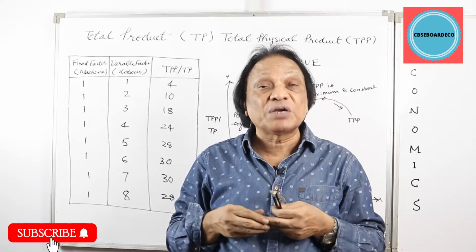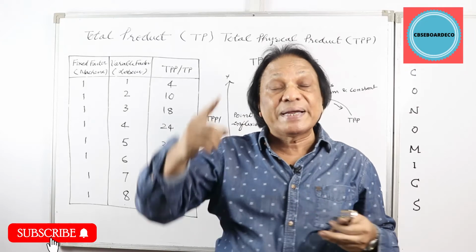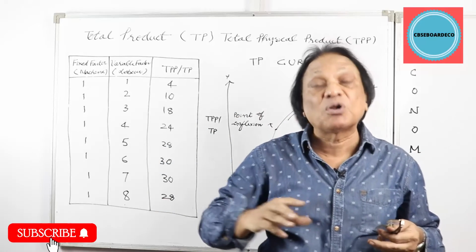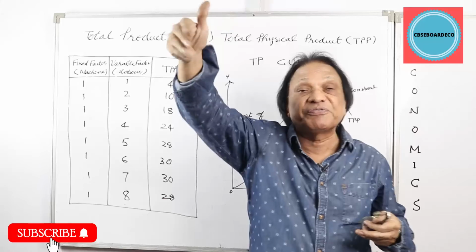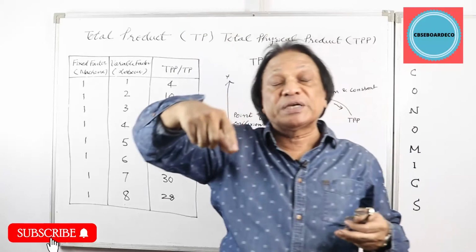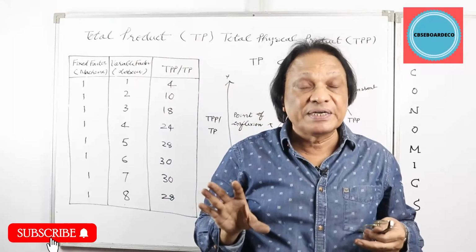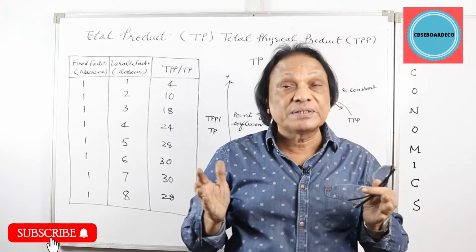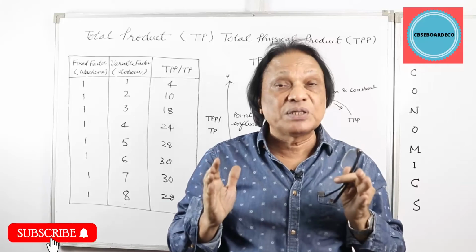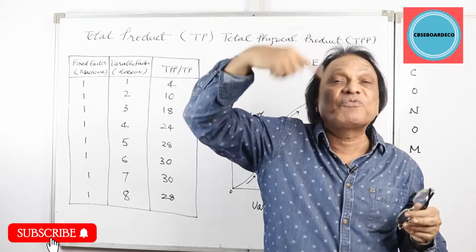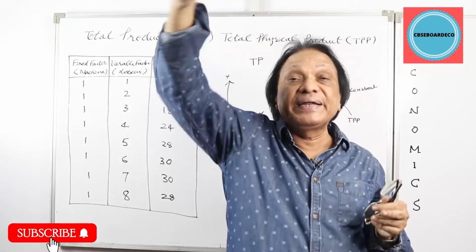As we go on increasing the variable factors of production, mind it, in the short period, the total product will not increase proportionately, not 10, 20, 30, 40, 50. The first laborer gives you a certain amount, the second laborer, 2 laborers, 20, 30? No, definitely not. As we go on increasing the variable factor labor in the short period, the total product first increases at an increasing rate. 4, 10, 18.